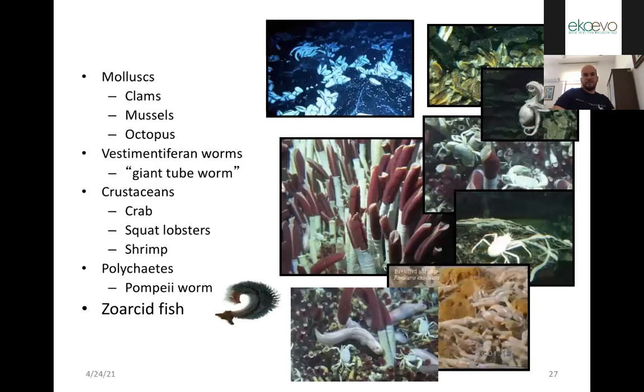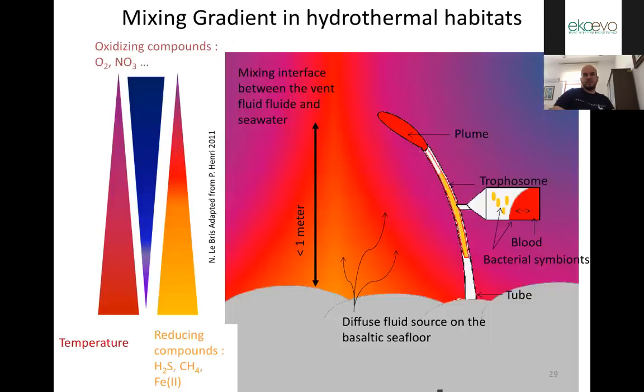I'm going fast here, but tube worms. This is just the concept I'm giving you: these special tube worms, Riftia pachyptila in this case, relocate themselves to this mixing zone. They're also mobile, so they can sense oxygen and sulfide.